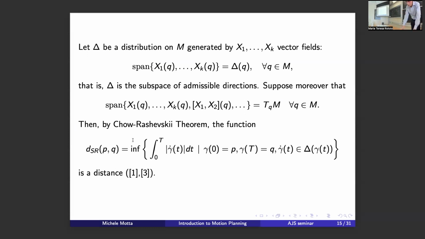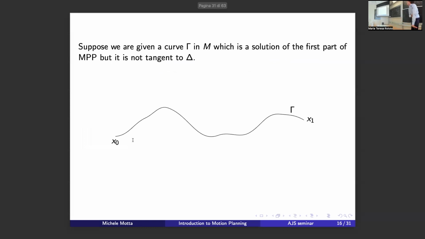So it's a good distance. Okay, so this is the general setting. Now suppose that we have our state manifold, and suppose that we have a curve that goes from a starting point to a final point. We suppose that we can solve the first step of the motion planning problem.